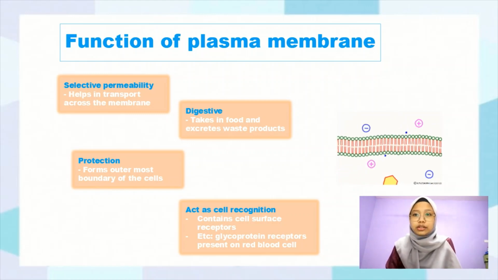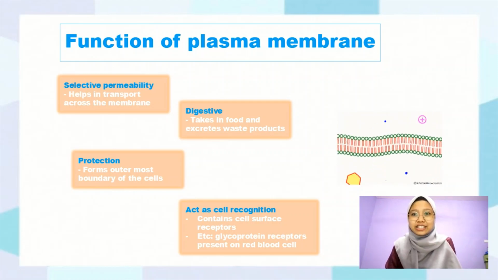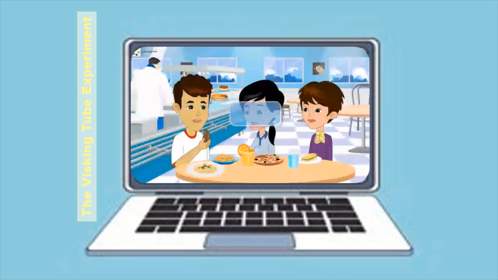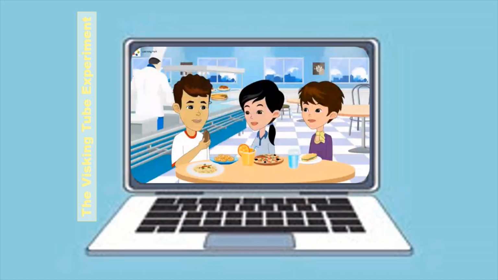Next, we will take a look at a simple example of an experiment on the plasma membrane, the Visking tube experiment. So, let's take a look. Alex and his friends are having snacks. Alex is eating rather fast without chewing his food properly.